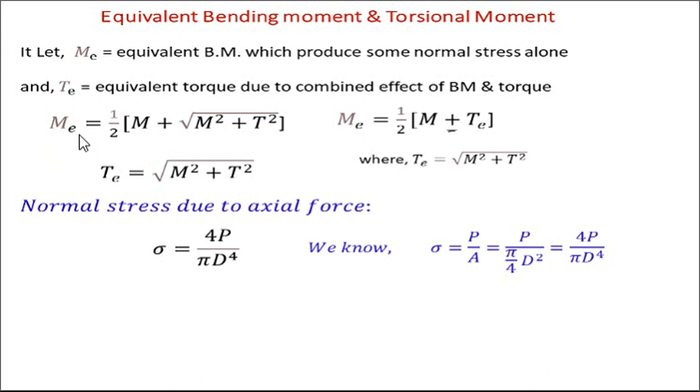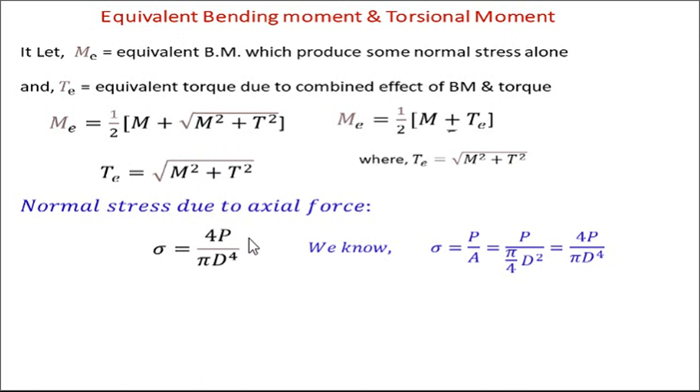Me is equal to 1/2 of M plus under root of M square plus T square. We can also write it another way, Me is equal to 1/2 of M plus Te. What is Te? Te is the equivalent torque. The value of equivalent torque is under root of M square plus T square, right?